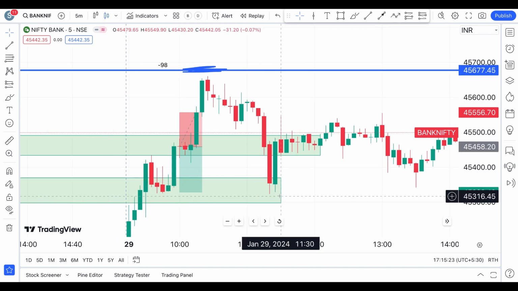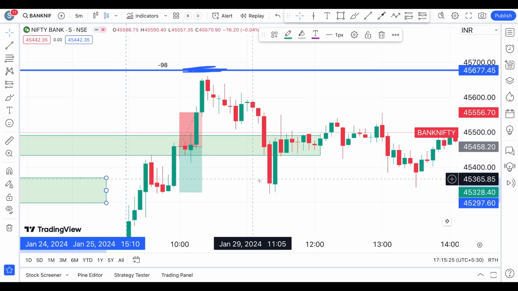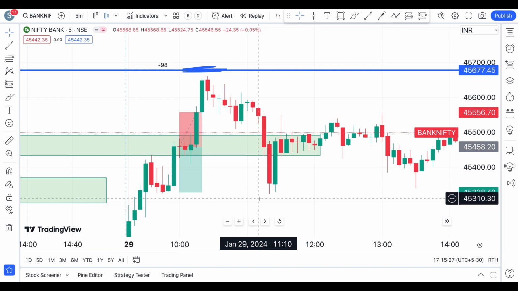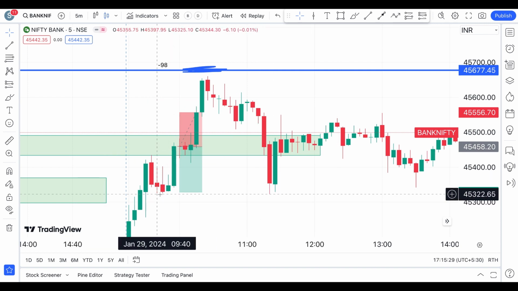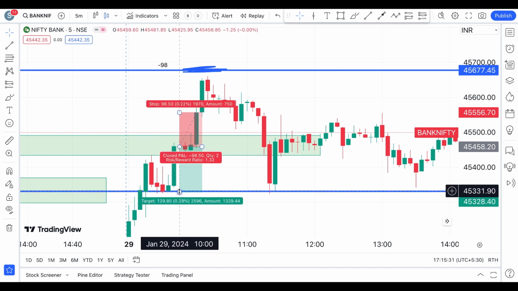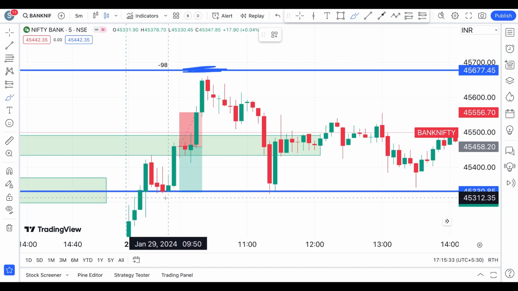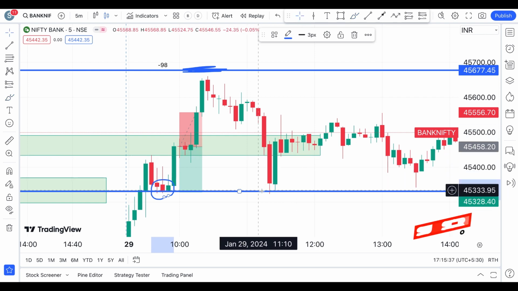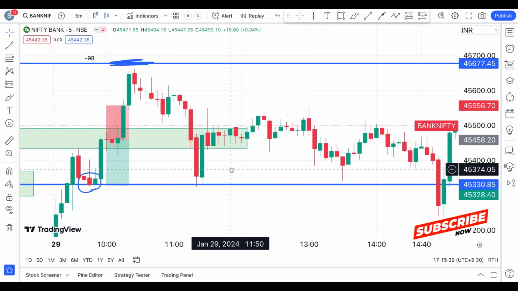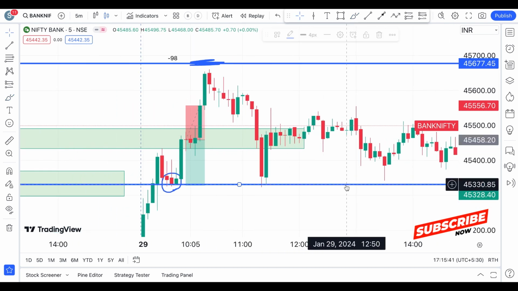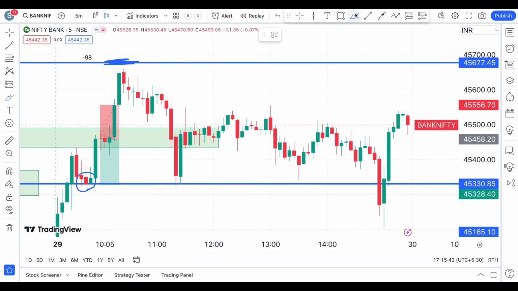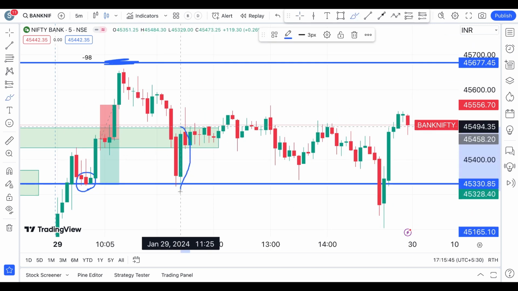But you see here, by the time Bank Nifty is coming towards here, you already have a swing low here. So based on this price action on Bank Nifty's chart, we know that it is a support level. From this support level, we have seen a good bullish engulfing pattern here.